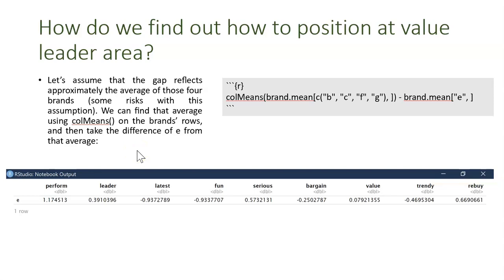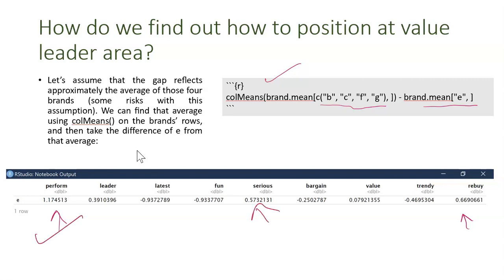And we can find that average using column means, and you can put all these adjectives and subtract brand mean E from this, and you will see that brand E basically needs to focus on performance and needs to focus on rebuy. Performance and rebuy are the two most important things where brand E needs to focus. The third thing could be serious.